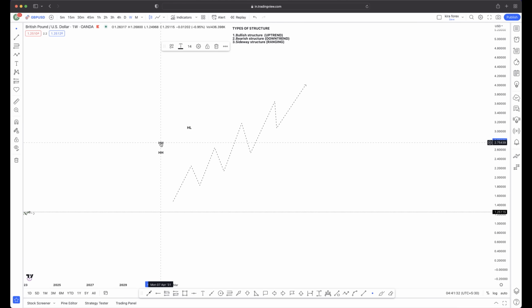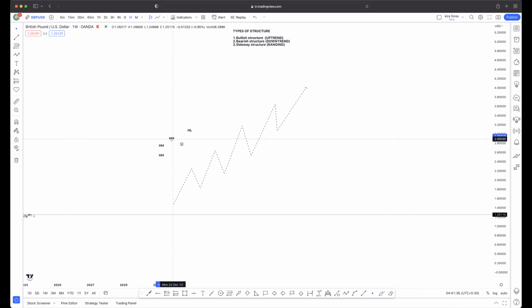If the structure is telling you that we are in an uptrend, then you should be looking for buys. If it is telling you we are in a downtrend, then you should be looking for sells. If it is telling you we are in a sideways or ranging market, then you should be looking at buying from equal highs and selling from equal lows.